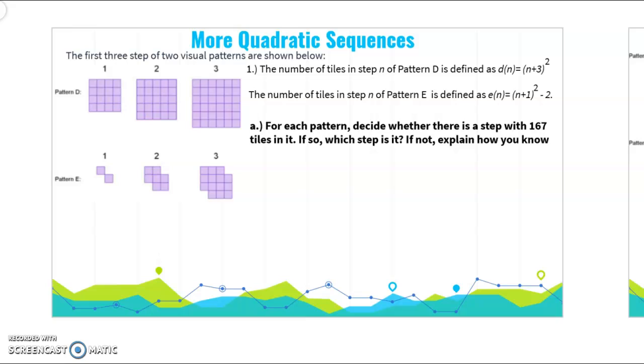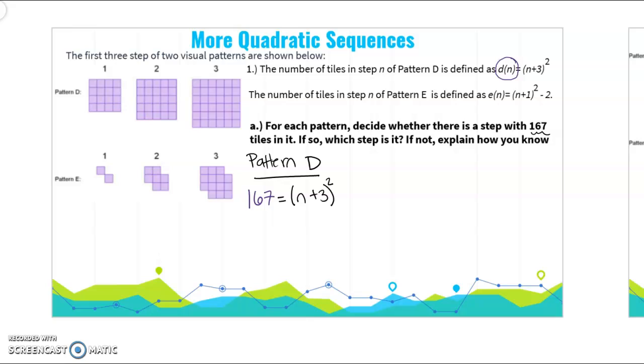On your paper, you're going to write pattern D, as in dog, and write the equation with this 167 tiles in there. That is going to be our D of n. That's how many tiles I'm looking for, and n is the pattern number I'm looking for.